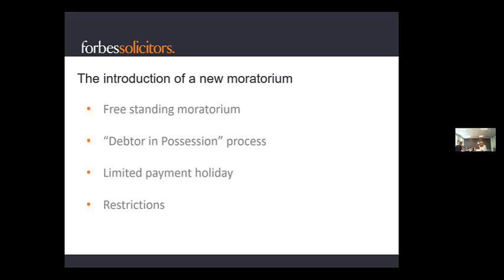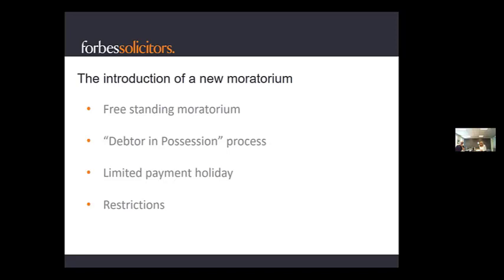A company will be eligible for a moratorium even if it was subject to a prior moratorium or administration or CVA in the previous 12 months. And a further change is there is an additional exclusion from eligibility. Certain regulated companies which may hold money for clients will not be eligible for moratorium during this period.